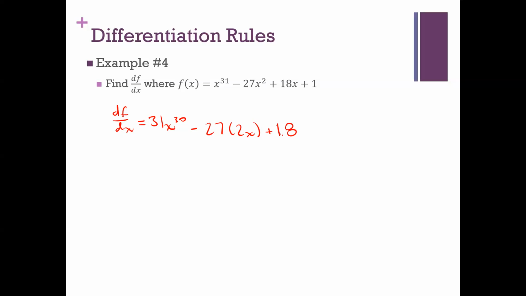If I were to graph y equals 18x, what kind of graph would I be looking at? It's linear, right? It's a very steep slope that passes through the origin.